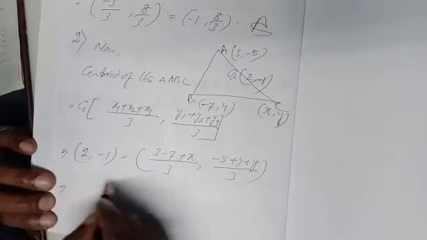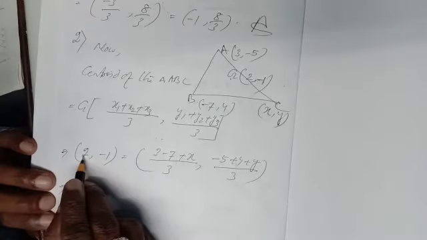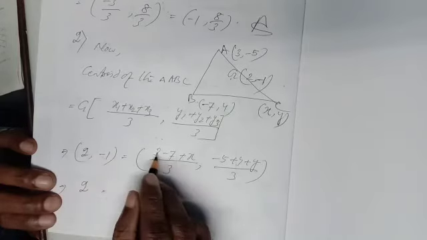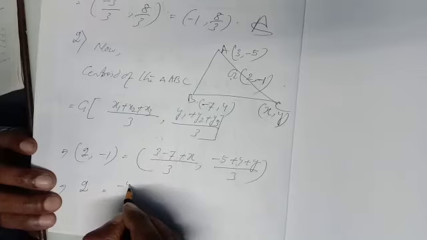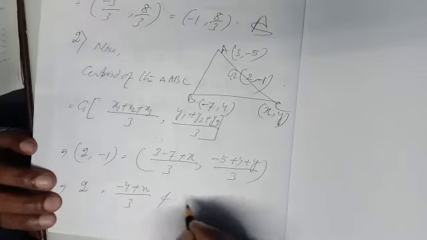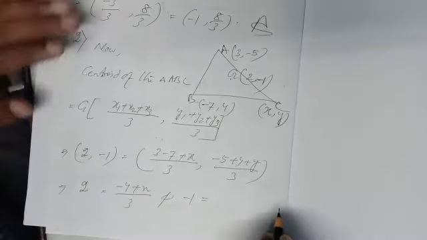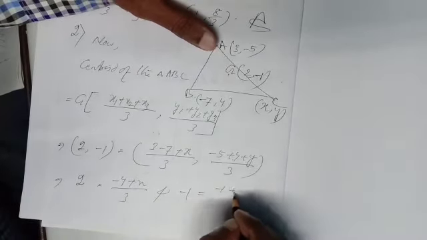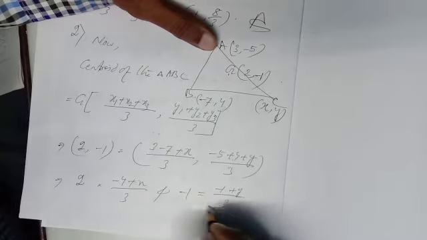Comparing both sides, the x coordinate is 2 on one side, and on the other side 3 - 7, that is -4 plus x by 3, and the y coordinate here is -1, and this side -5 plus 4, that will be -1 plus y by 3.